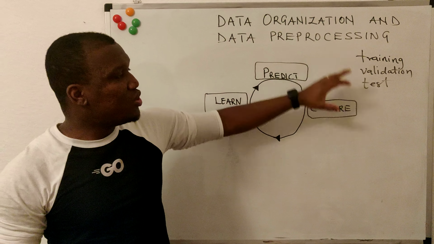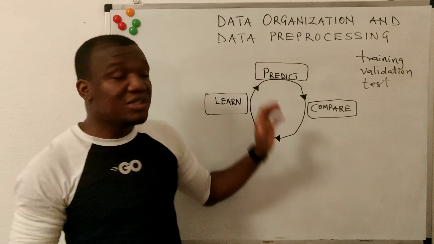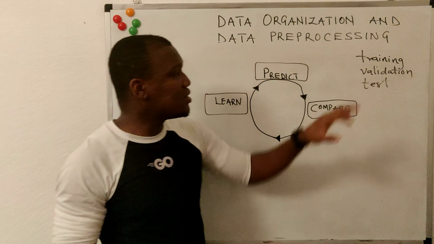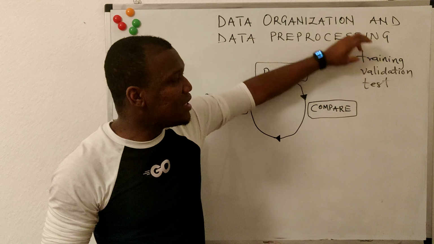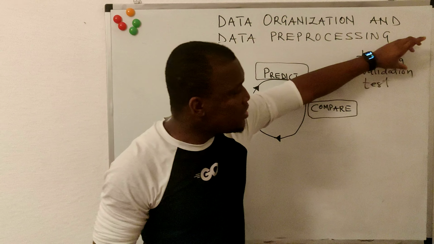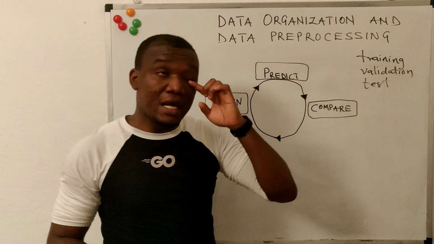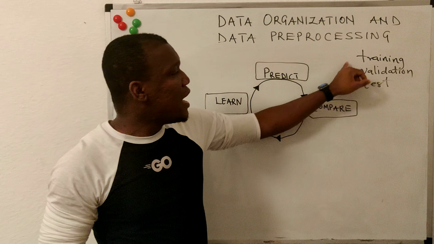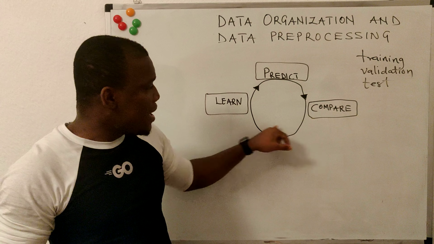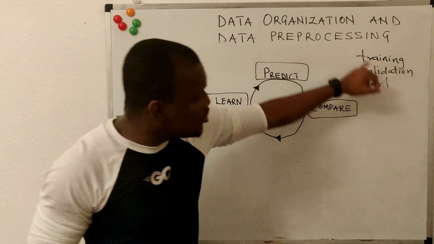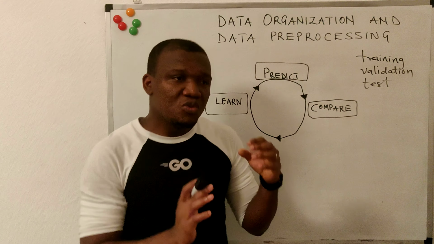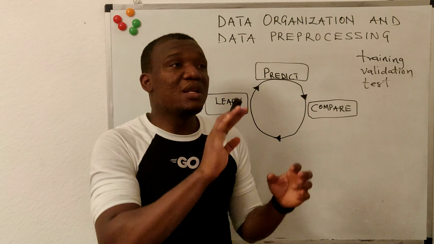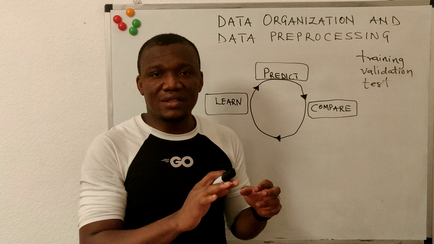So the approach is you split your huge data set. If you have like 100,000, you split it into training, test, and validation. So during the training phase, you use only the training data to train the model, and after training the model, you test with a test set to measure the accuracy, to know how well it is performing on the test set.